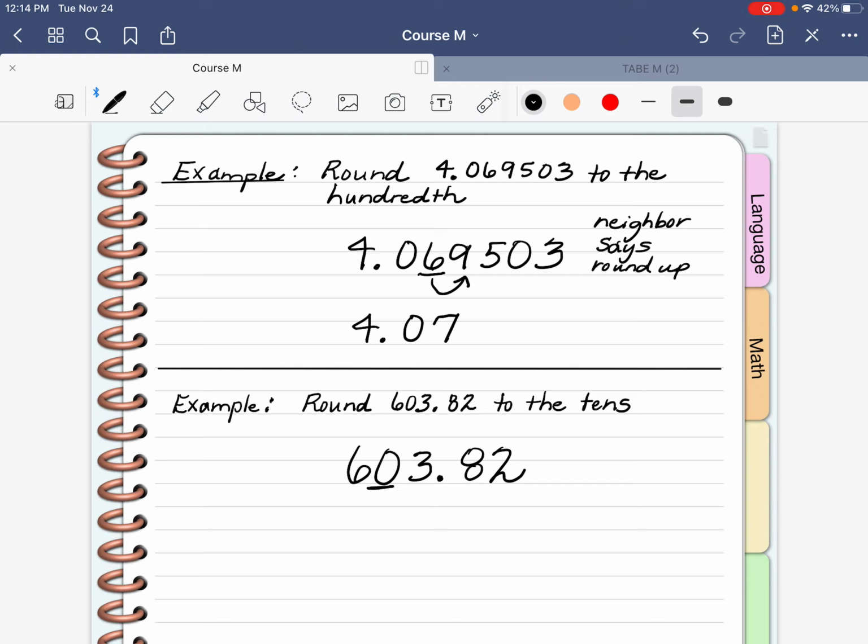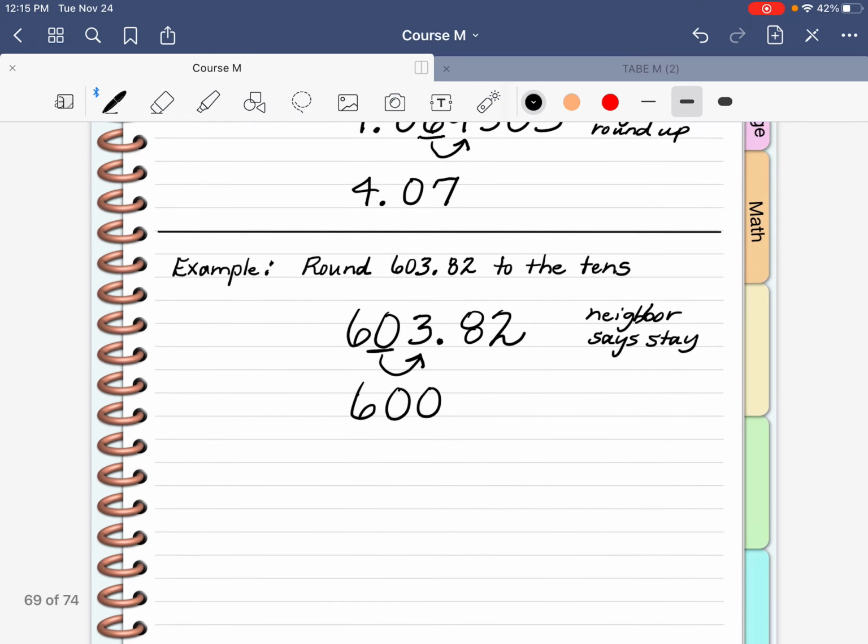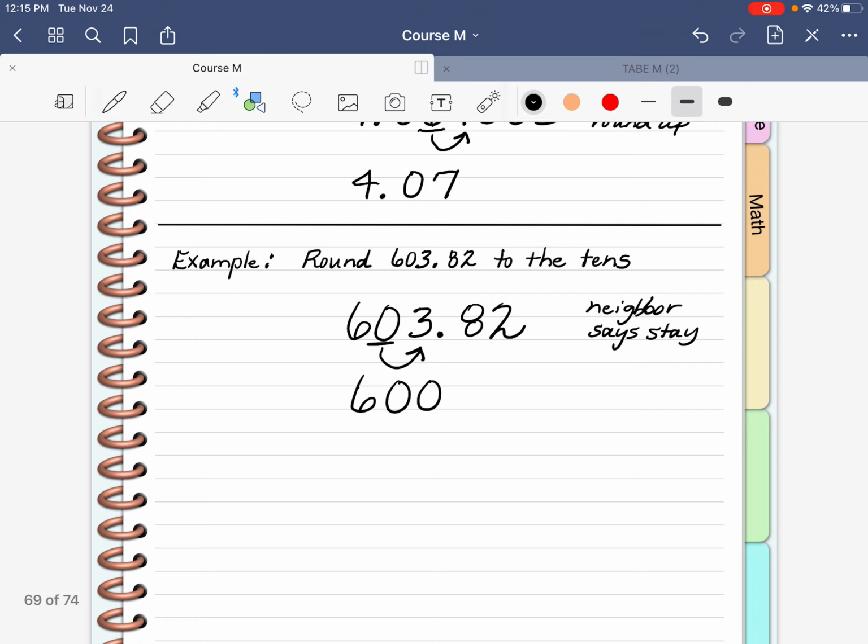That's the 0. You look at the neighbor. The neighbor says stay. So it will be 60 tens, and then that ones place has to round off. That's a tricky one, but it's to the nearest 10, not the tenths.